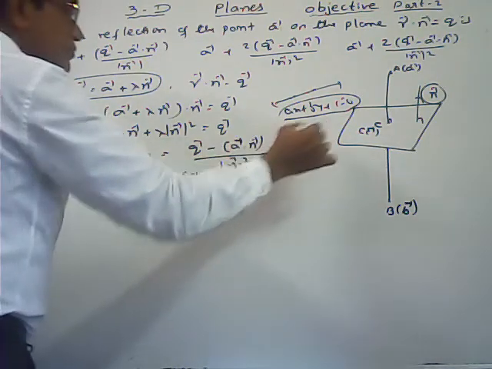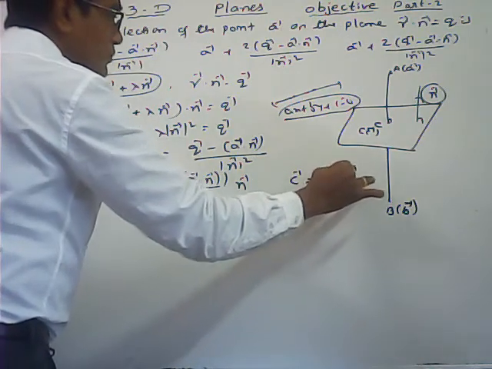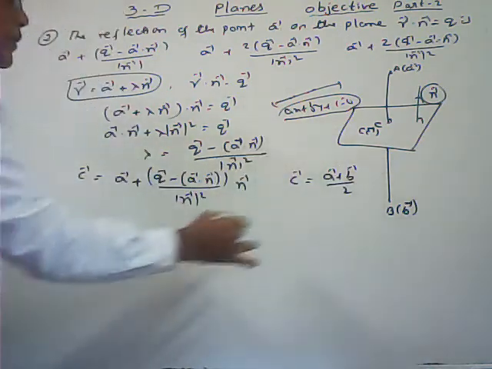Now here c bar we can write as a bar plus b bar by 2. Here I want b bar only.